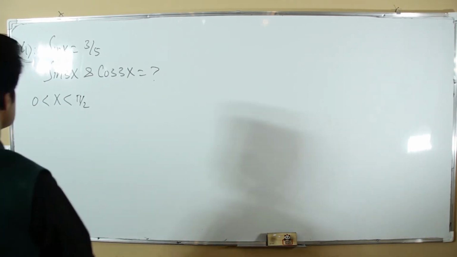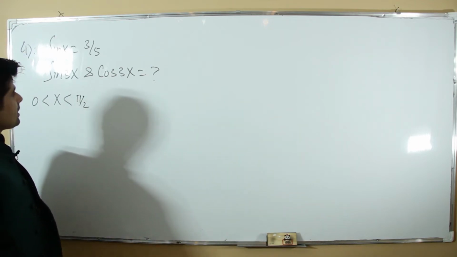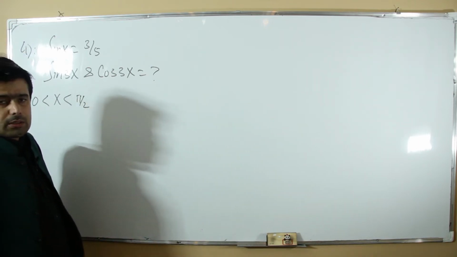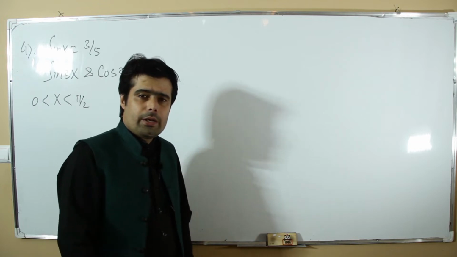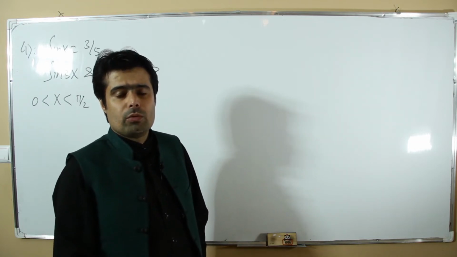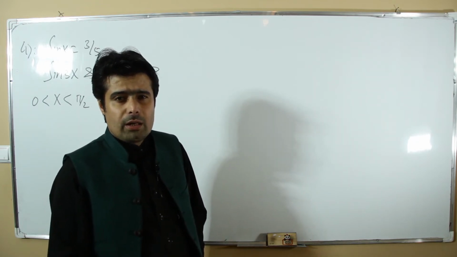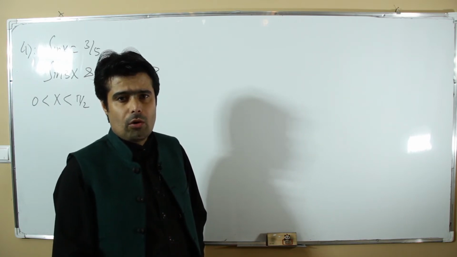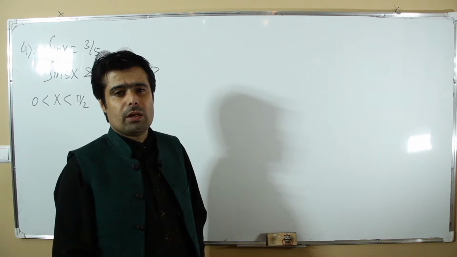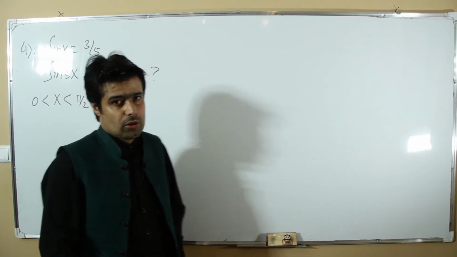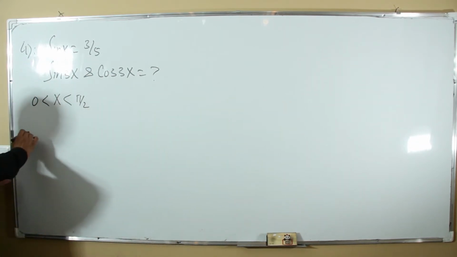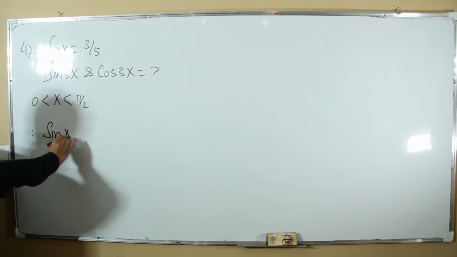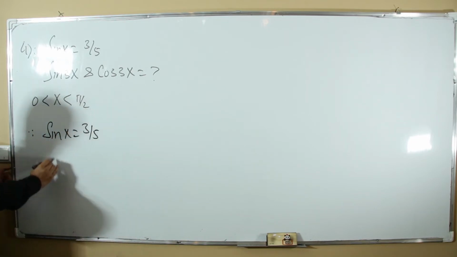Question number 4. Sin x is 3 by 5. Now what are sin 3x and cosine 3x? One thing I request from you: if one trigonometric ratio of an angle is given, try to find all of them. I mean all of them: sine, cosine and tangent. What do I mean? If sine x is 3 by 5, now what is cosine x?